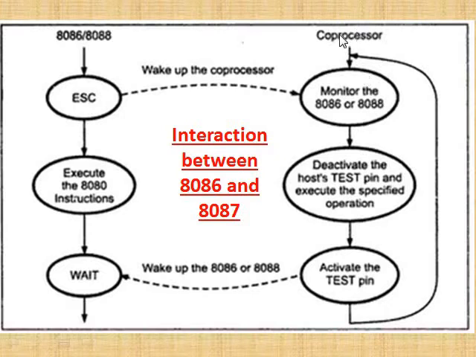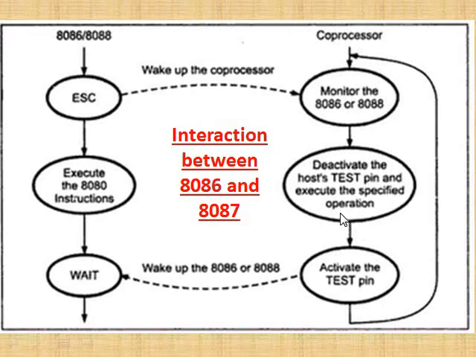Then the coprocessor accepts this instruction, and after accepting it, it deactivates the host TEST pin, because the TEST pin is an active low pin. To activate it, we have to give logic 0. That is why it is specified as deactivate the host TEST pin and execute the specified operation.